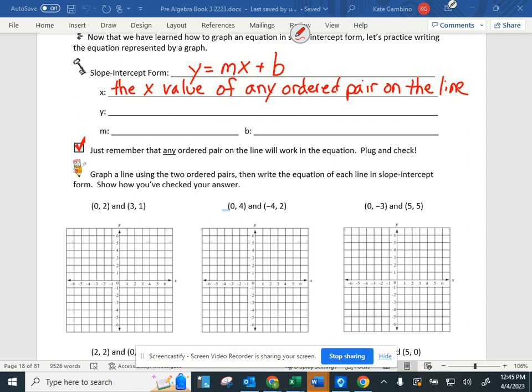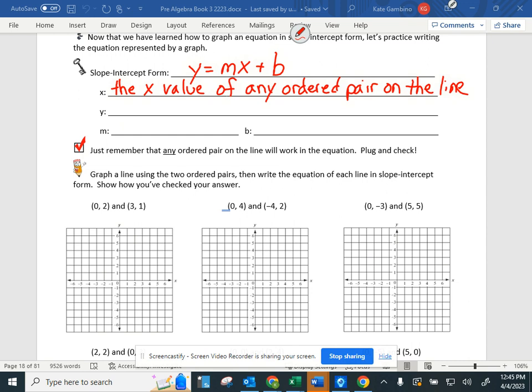We want to get to the point where it could be two months from now and you could say y equals mx plus b, the y is this, the x is this, the m is this, and the b is this. I get it. So even when it's been a couple of months, we should know what it is. That's why we keep repeating it, so it really sinks in.